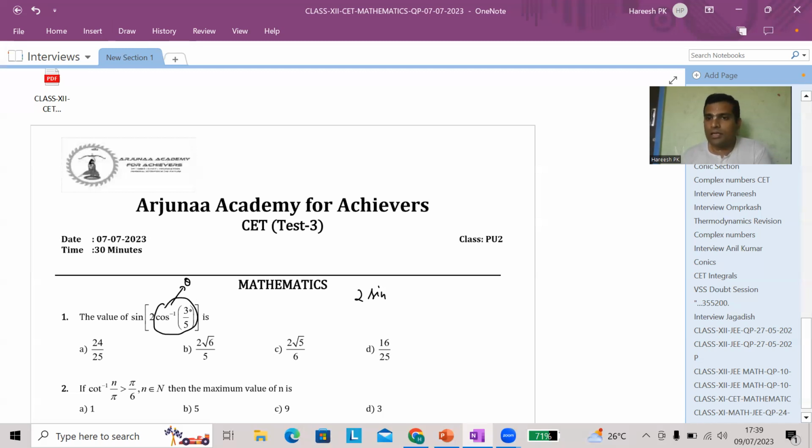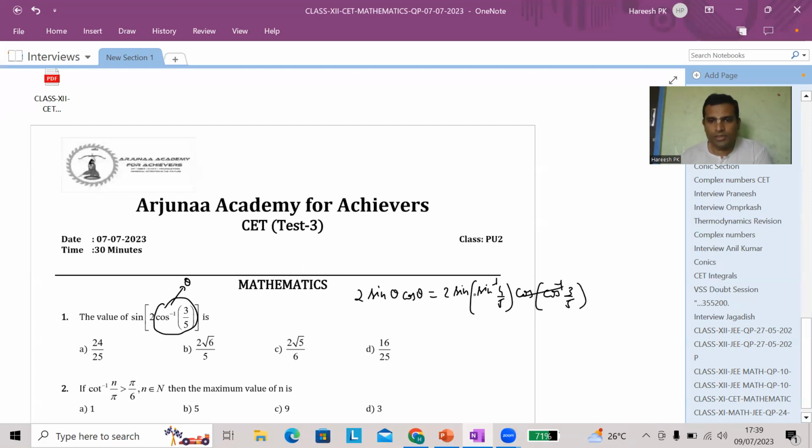So cos inverse 3 by 5 can also be written as sine inverse 4 by 5, right? So 2 sine theta cos theta is sine 2 theta, and I'll write for theta sine inverse 4 by 5 in the first term, and in second term I'll write cos inverse 3 by 5.